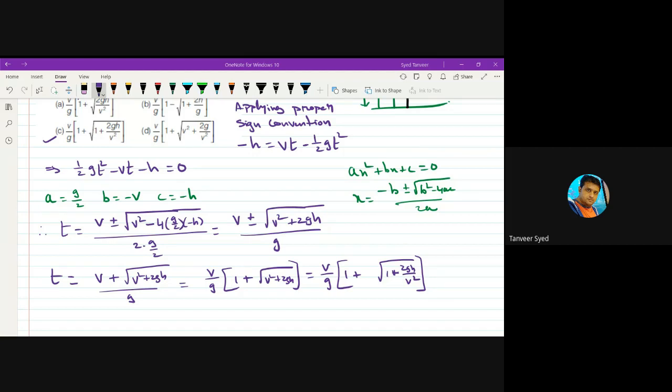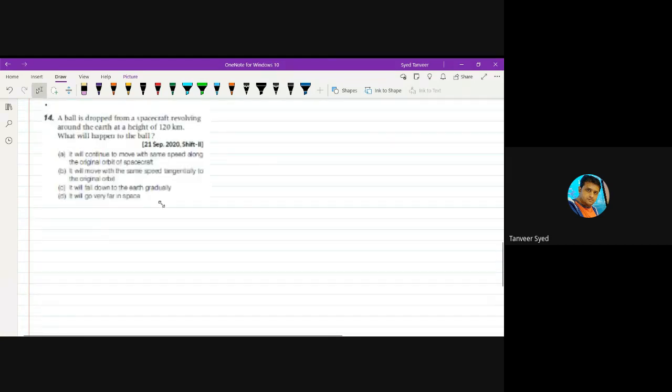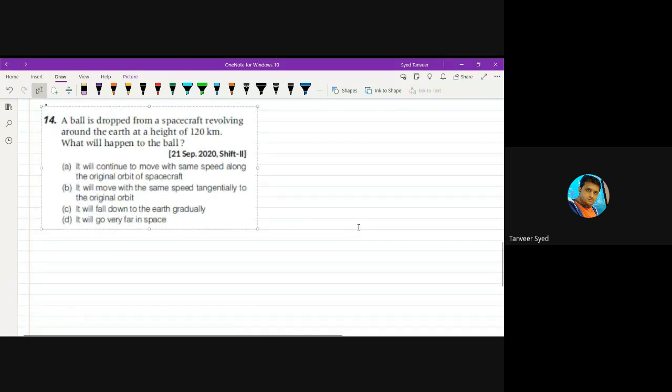Okay, next. A ball is dropped from a spacecraft revolving around Earth at a height 120 kilometer.